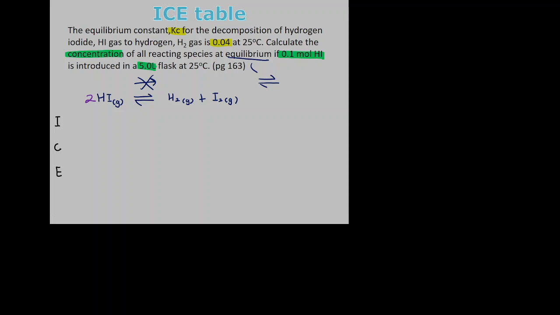Apa je yang dibagi? Okay, which is the only bagi is all reacting species if at the very first we have 0.1 mole of HI introduced into 5-liter flask.